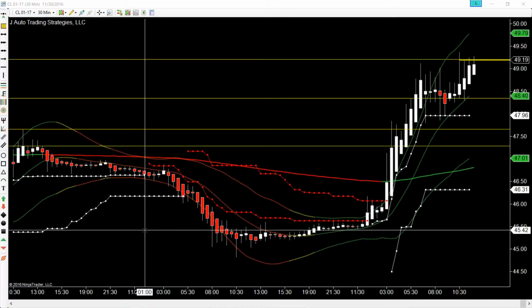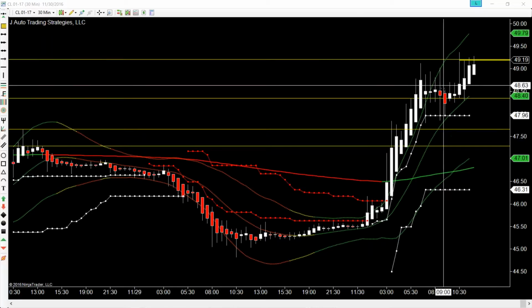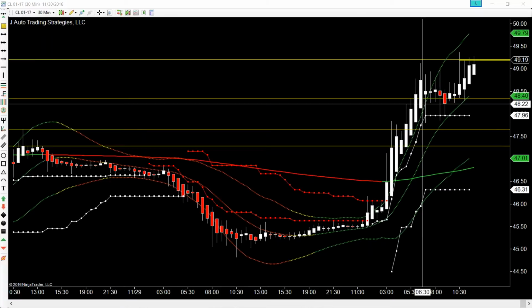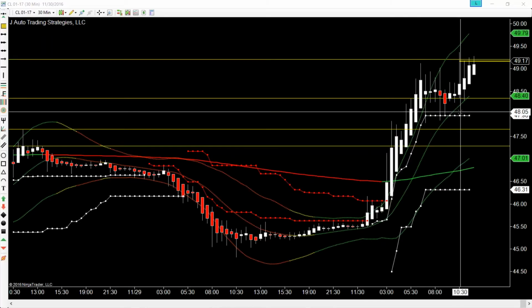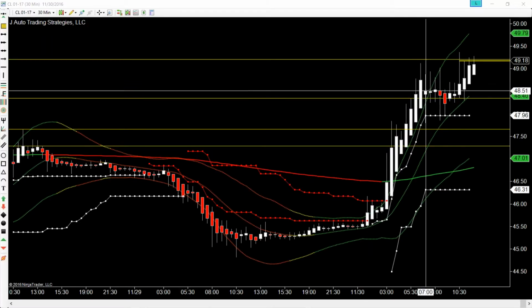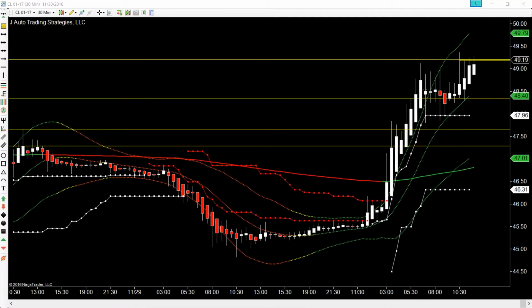So what we will do is take a look at the chart. You can see that it was a lot of up and down when the RTH session opened. Really everything after 6:30 in the morning, from 7 in the morning until 10:30 in the morning, it was just really up and down trading.